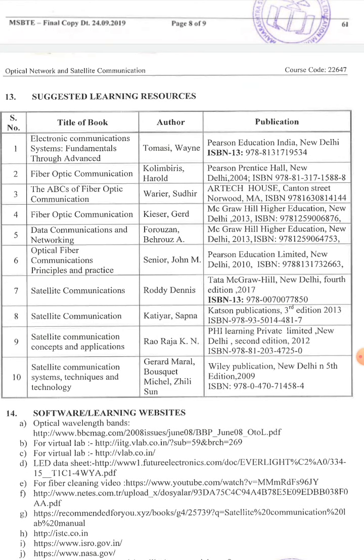Electronic Communication System: Fundamentals Through Advanced by Tomasi; Fiber Optic Communication by Columbus and Harold; The ABC of Fiber Optic Communication by Varey and Sudhir; Fiber Optic Communication by Keiser and Gerd; Data Communications and Networking by Forouzan; Optical Fiber Communication: Principles and Practices by Senior; Satellite Communication by Roddy Dennis; Satellite Communication by Katiyar Sapna; Satellite Communication: Concept and Applications by Rao Raja; and last, Satellite Communication Systems: Techniques and Technology by Gerard Maral.